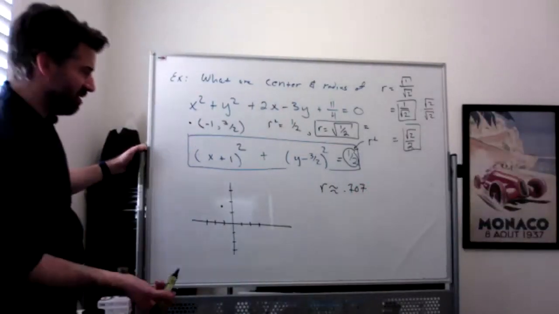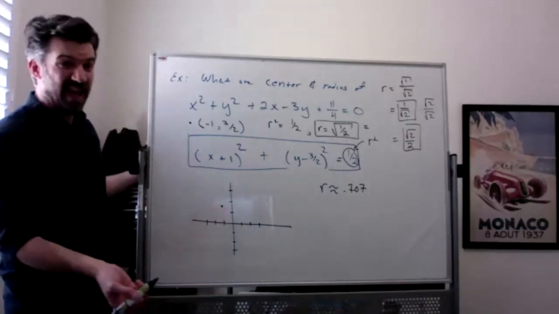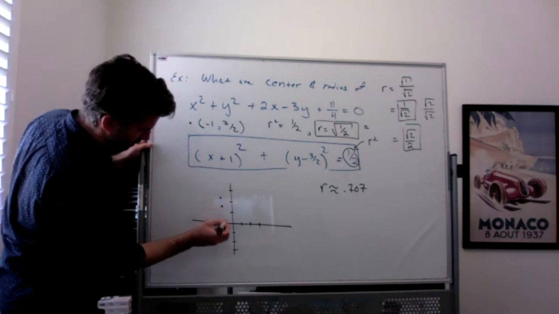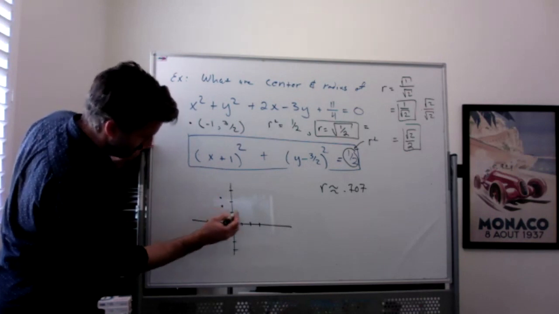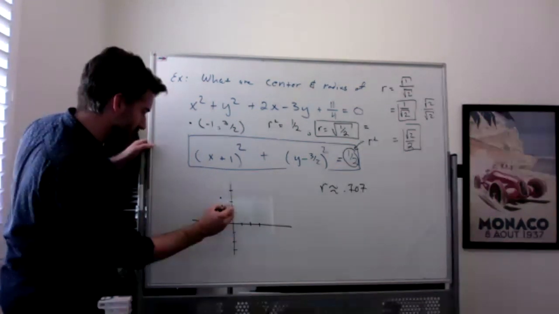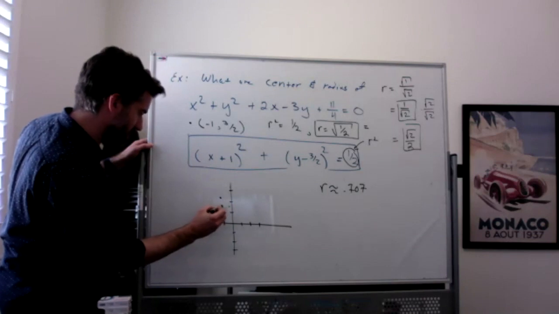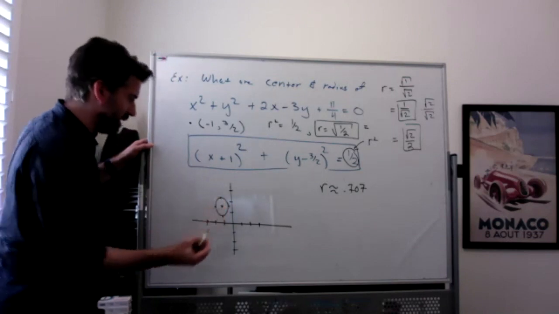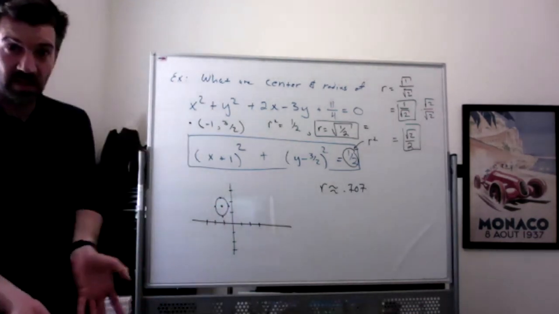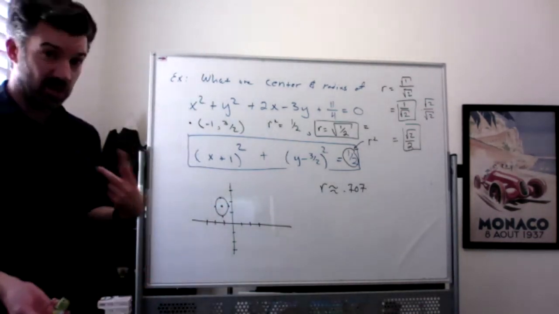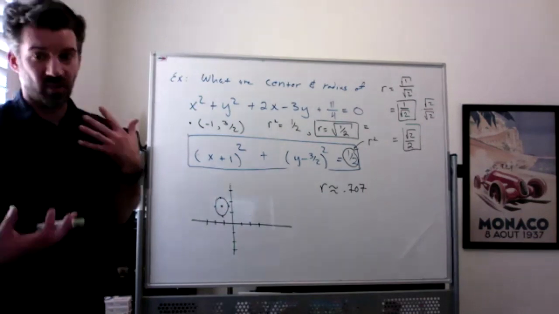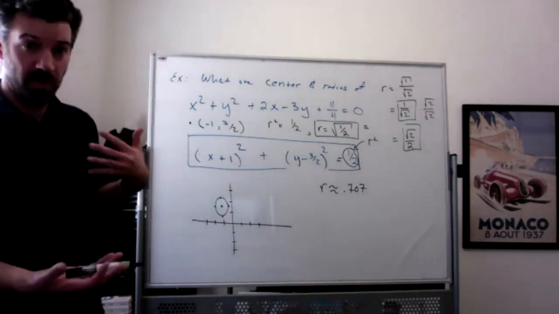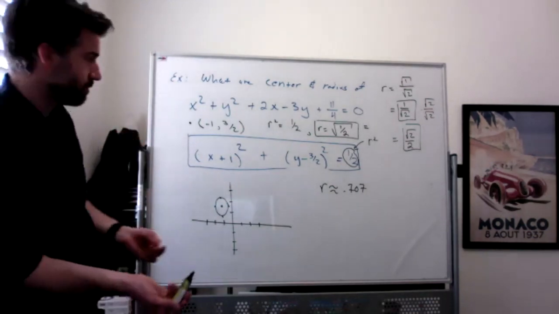So I would just say, well, it's not quite 1, but it's more than 1/2. So I would go up a little bit and down a little bit and over. It's not quite 1, so I'm not crossing the y-axis, and over, not quite 1. So what I'm really trying to say is you don't have to be super precise. If your radius is some irrational number, just try and figure out what integer it's close to, and then say it's a little bit less than that or a little bit more than that, depending on what it's close to.